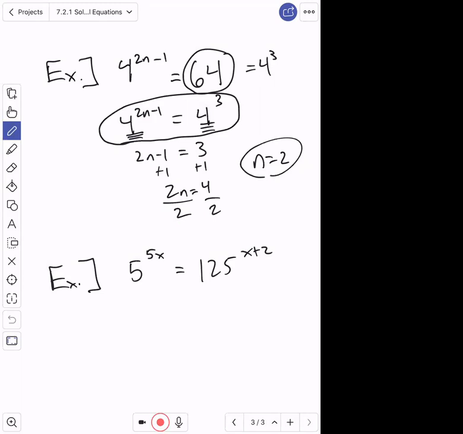Has anybody solved the second one yet? Take another minute or two, guys. This is our last couple of examples, then we're going to start on the homework. So let's take another minute or two and maybe solve this last one. The 125, that's obviously the one we're wanting to change to base 5.